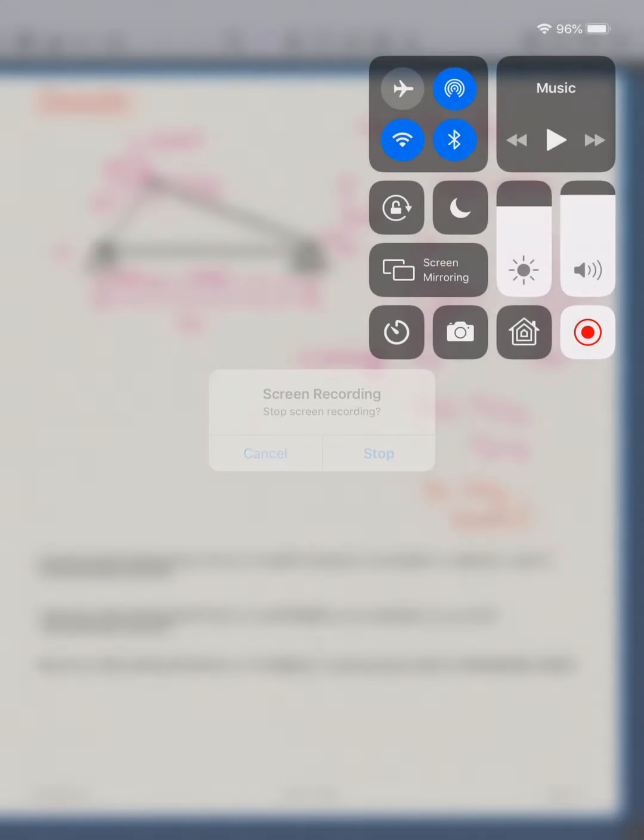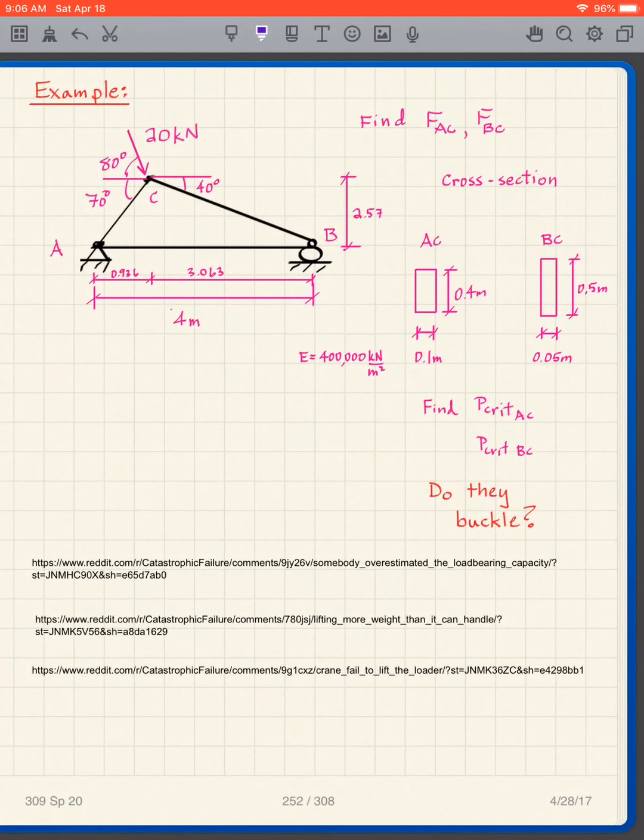Well, on second thought, I want you to do this problem. So pause the video and solve this problem yourself. I've given all of the angles with respect to the x-axis here.